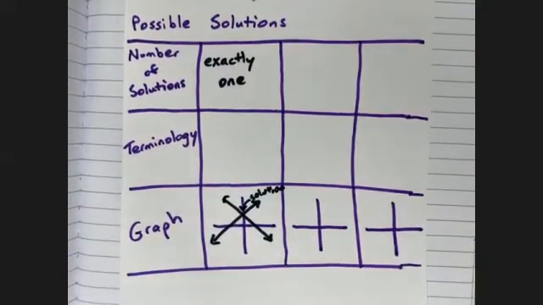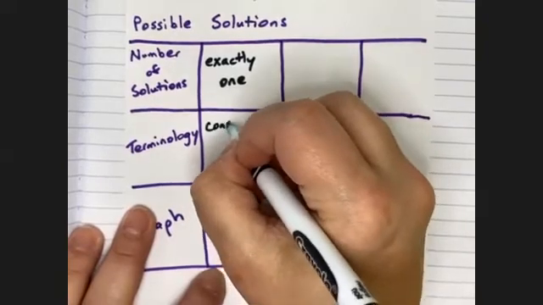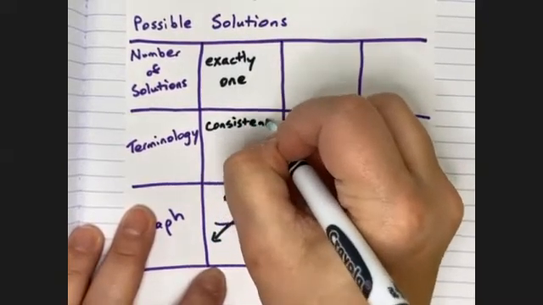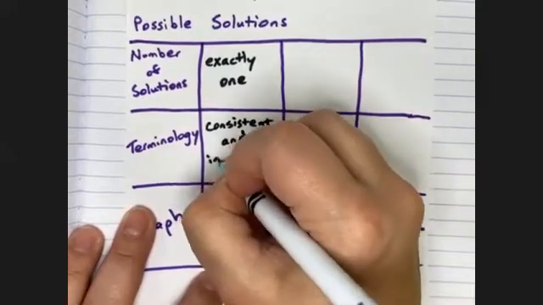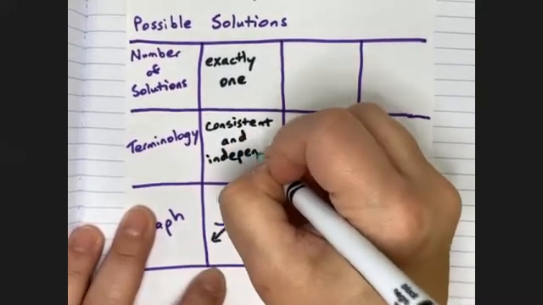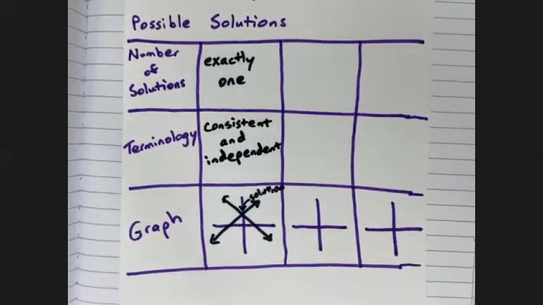Now, the terminology for this, we would say that it is consistent and independent. And we're going to talk more about that terminology when we get to the second page. So just write that down for now, and I'll explain it in a minute.